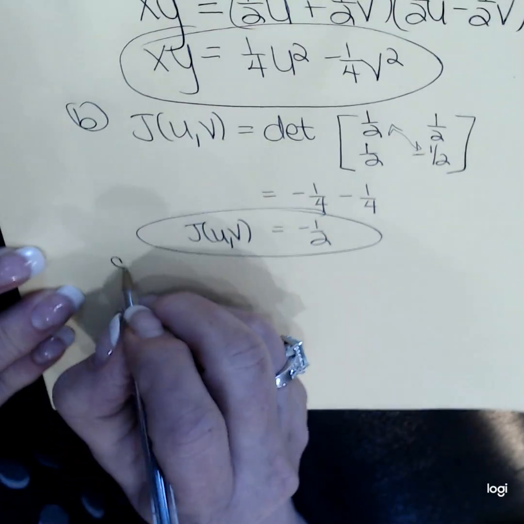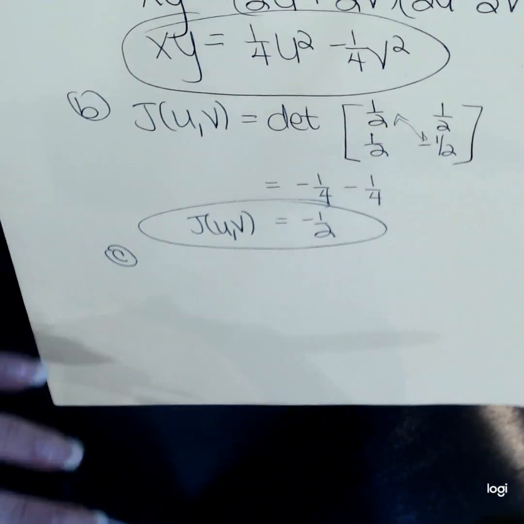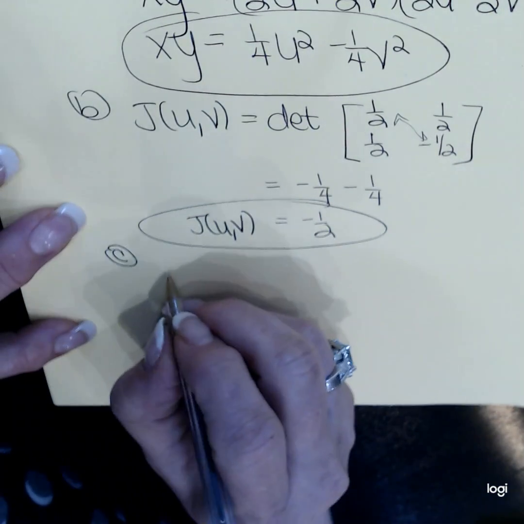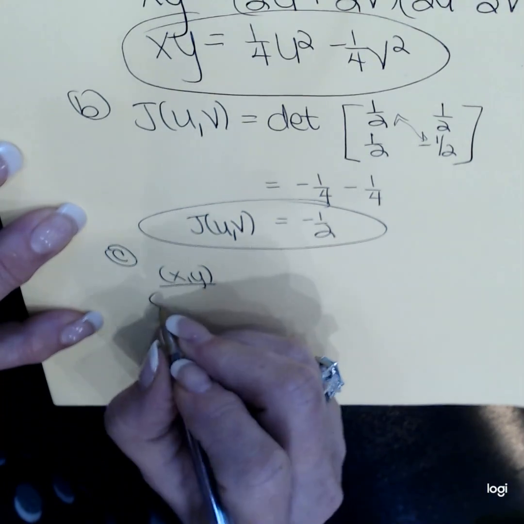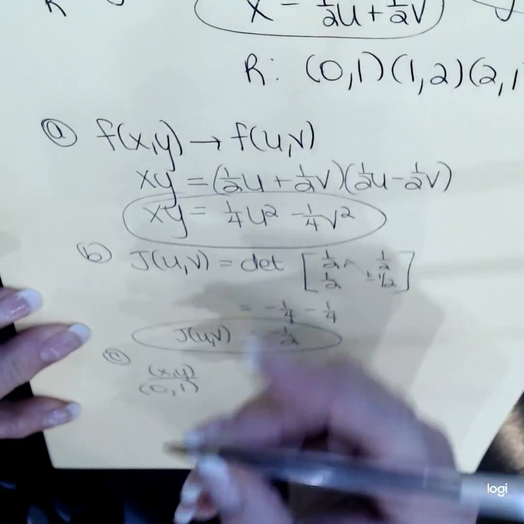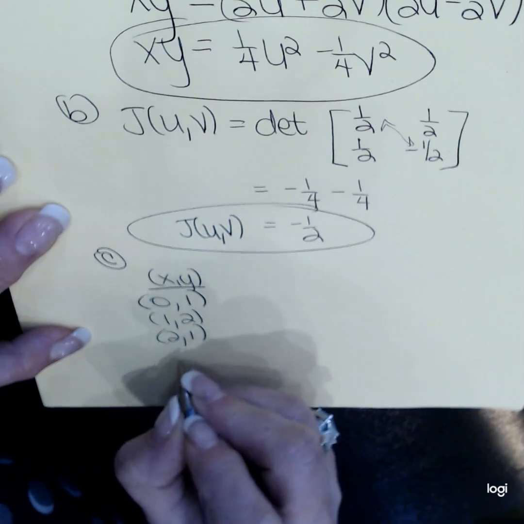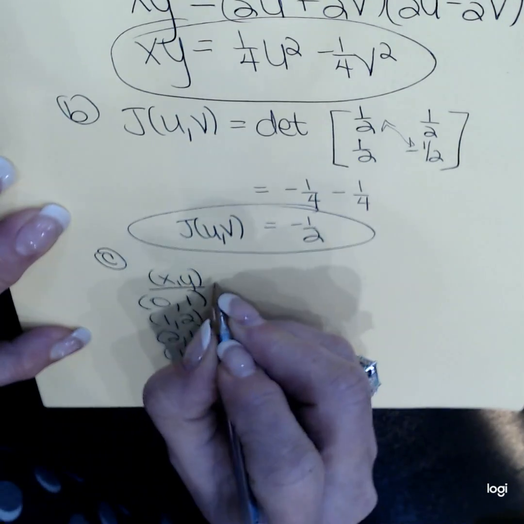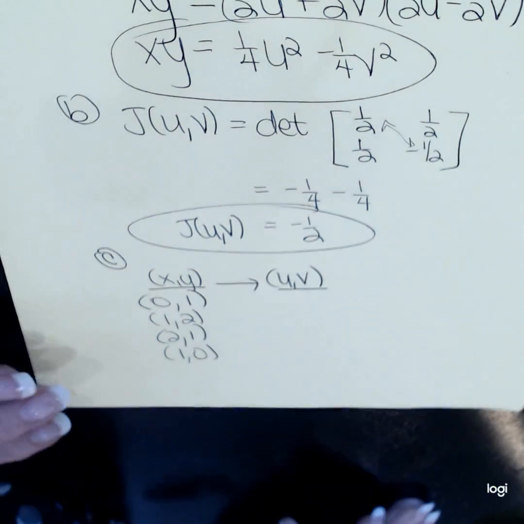And then finally, the last thing that we need to do is change our bounded region. Our bounded region is made up of the points in x and y. Those points look like (0, 1), (1, 2), (2, 1), and (1, 0), and they're given to us right here in our problem. And so we're going to need to convert those over to bounds of u and v.